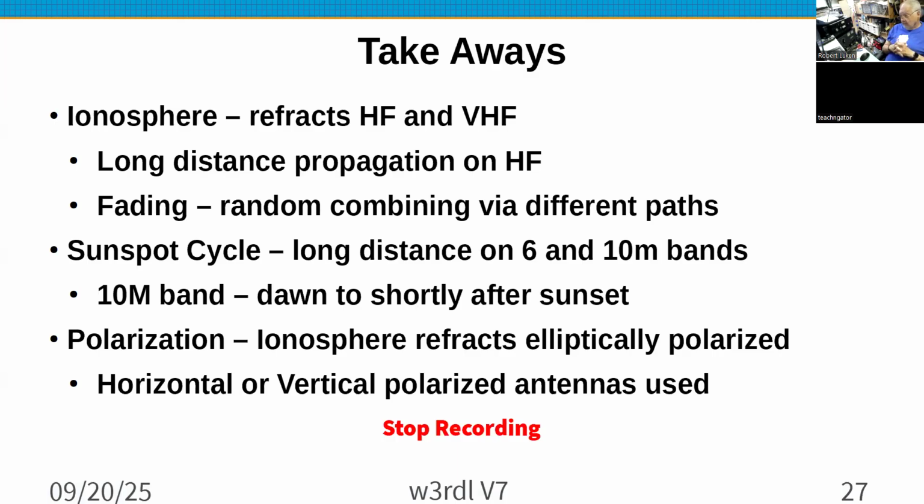Kind of that old multipath thing again. The sunspot cycle affects long distance on 6 and 10 meter bands, probably more than the others. And the 10 meter band is open during the daytime.